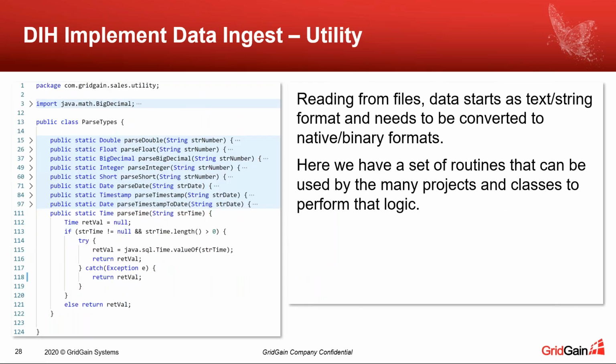Now, as I said before, for our data loading, there are many common tasks that we want to do. So we'll collect those in a simple utility class that avoids us having duplicate logic in many of the projects. From one project to another, sales, HR, let's reuse that stuff.